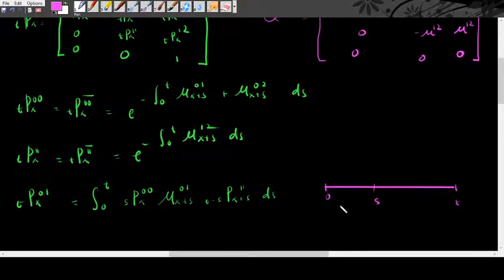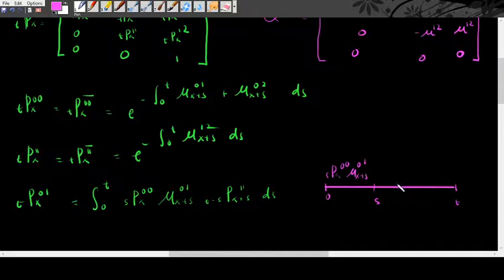So from time 0 to time t, there's a possibility that somewhere in the middle it will change to state 1. So the probability of changing to state 1 is sPx00 times mu x plus s 01. This is the probability of being healthy, and this is the rate of changing to state 1.